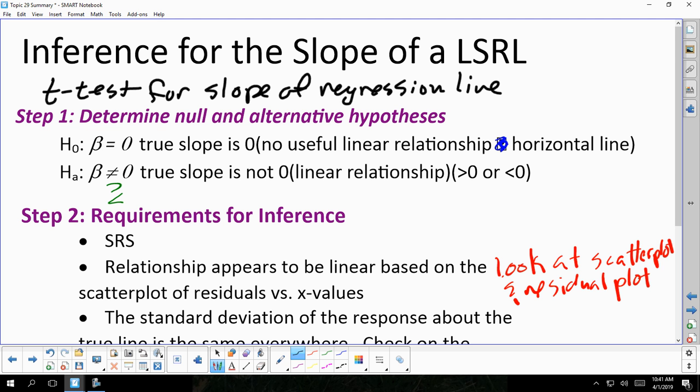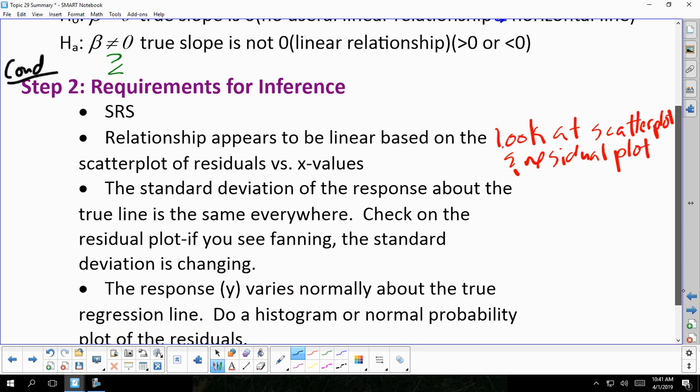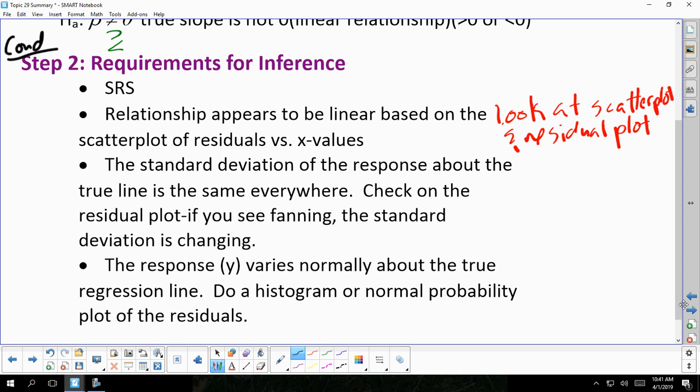Step 2, as always, conditions. Our conditions are as follows. They're actually quite extensive for this particular test. The first one, as we've seen all along: do we have a simple random sample, or do we trust where the data was gathered from?